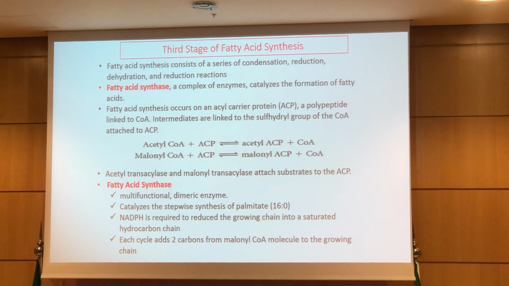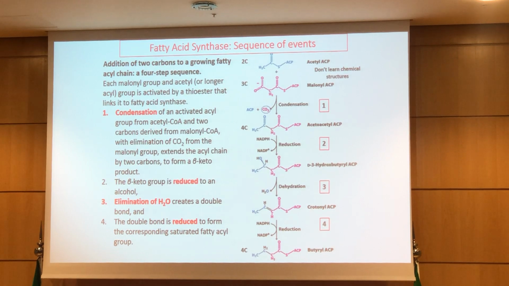Each cycle, it attaches 2 carbons at a time until I get to C16. Obviously, that means if I start off with 1 acetyl-CoA, there are 7 cycles, which will give me the 16. All right? Now, let's look at this attachment process.